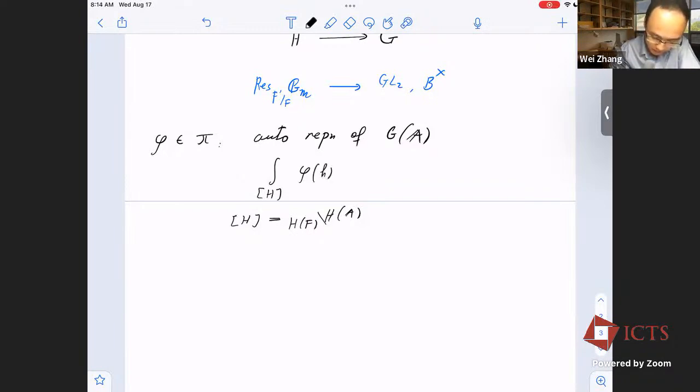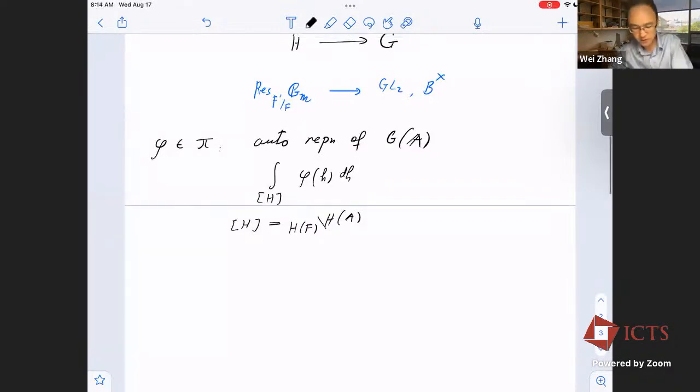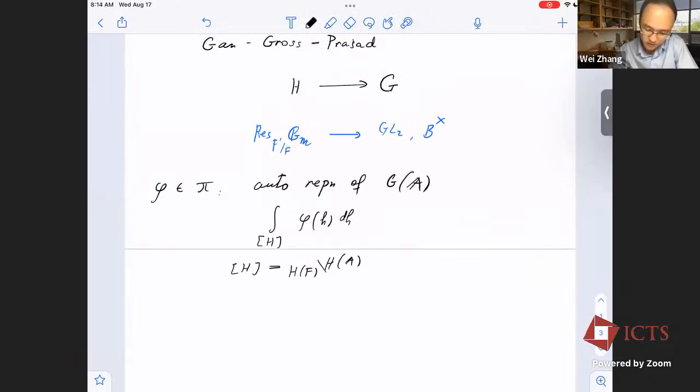I can look at this integral, and this is often related to L-functions.